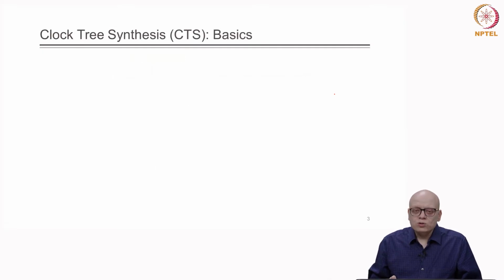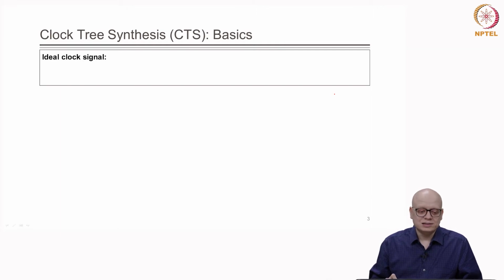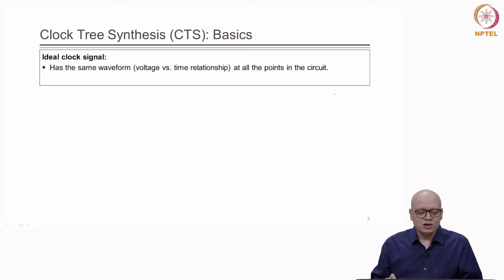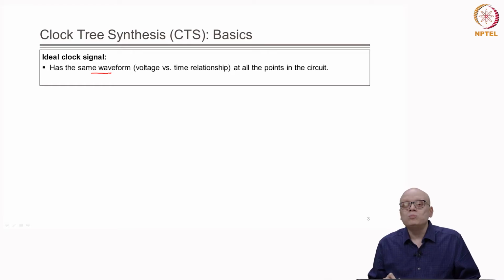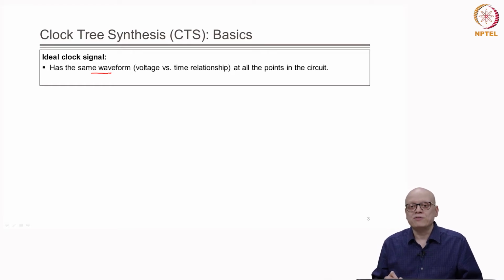Before going into physical design, we had done logic synthesis, and in logic synthesis we assume that the clock signals are ideal. Now, what do we mean by ideal clock signals? By an ideal clock signal, we mean that the clock signal has the same waveform at all points in the circuit. By waveform, we mean the value of the voltage of the clock signal at various time instants.